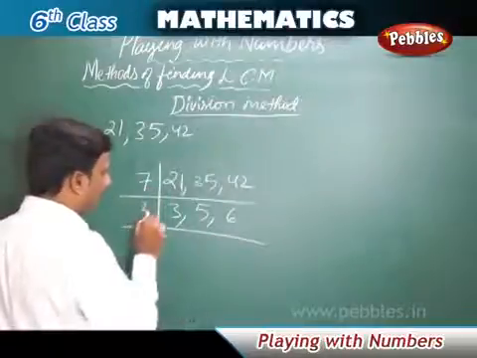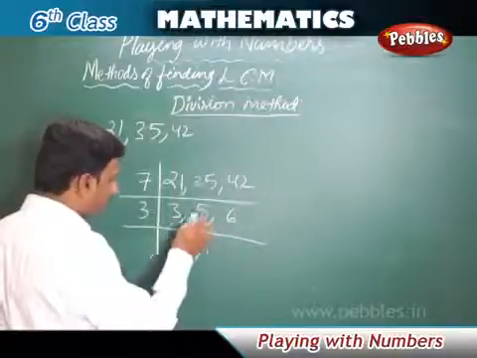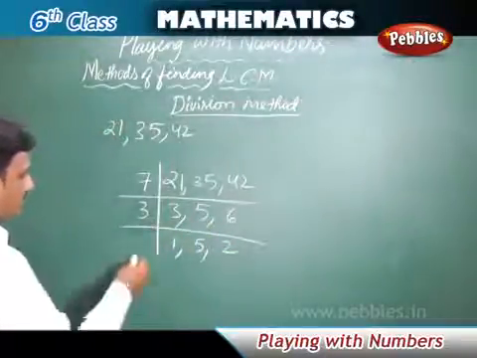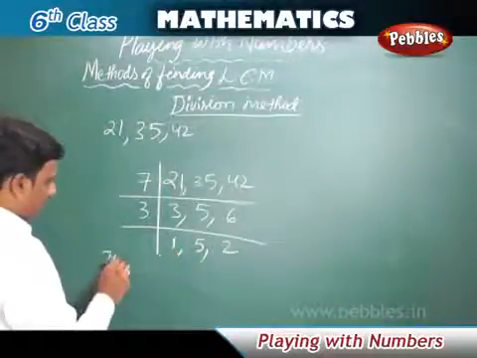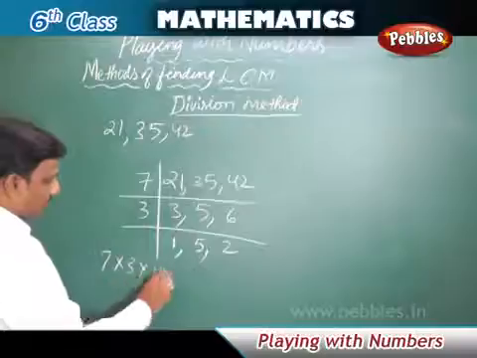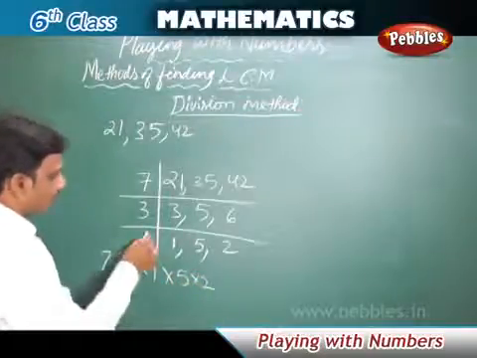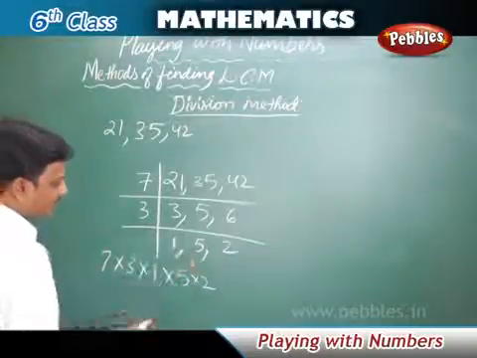Now let us write 3, 1; and let us write the 5 as it is, as it is not divisible. 2. So here we got 1. 7 into 3 into 1 into 5 into 2. Here we cannot find any other prime number which divides at least 2, so we stopped the division here.